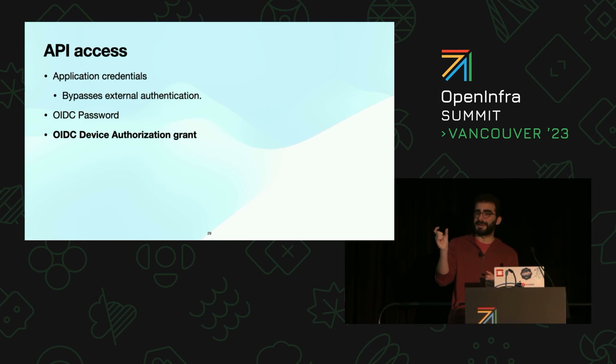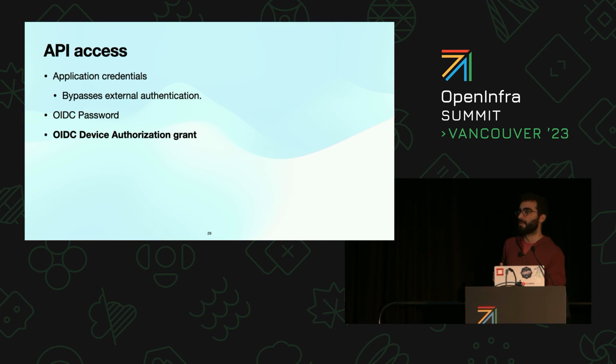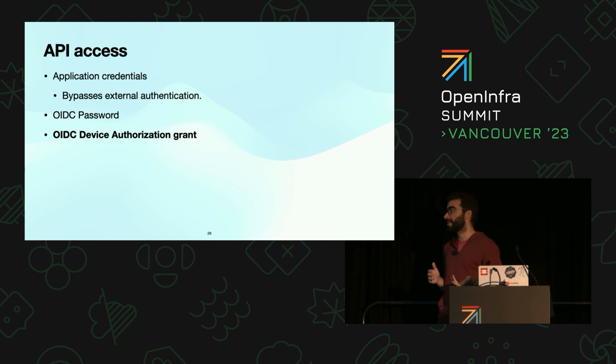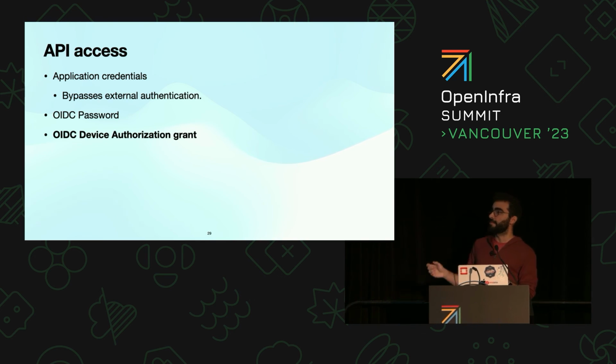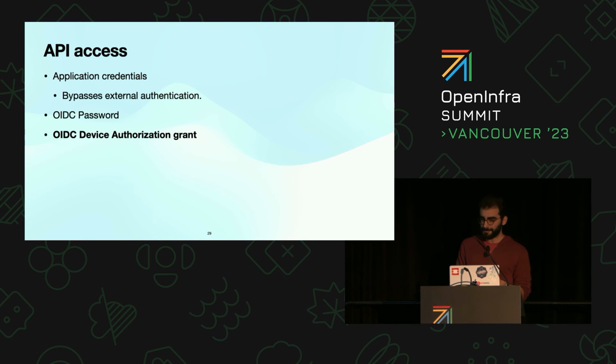It will give you a one-time code that you go and authenticate with on your computer, put that code there, and your device is authenticated. Now you can do that via Keystone Auth. Keystone Auth does support this, and you can authenticate through the browser and input the code in the CLI, and you have access.